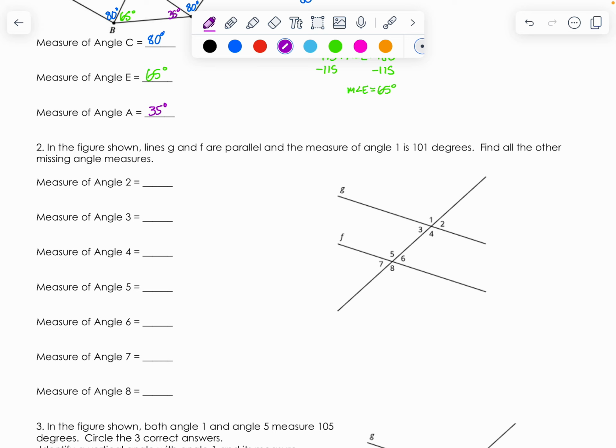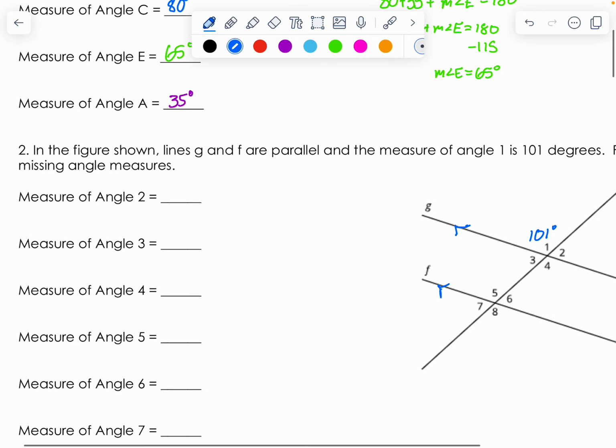Okay, and this one, in the figure, these lines are parallel. The measure of angle 1 is 101 degrees. Find all other missing angle measures. This is a well-drawn picture.